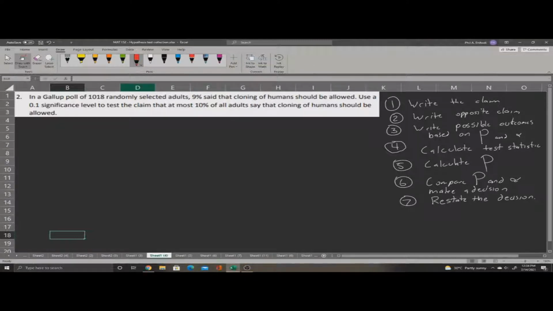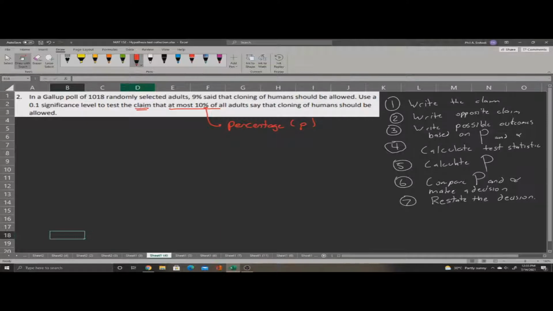Let's begin with step 1, writing the claim. The claim that's written here says at most 10% of all adults say that the cloning of humans should be allowed. Now, first thing I notice is that we have a percentage. When you have a percentage, you use little p for your claim.